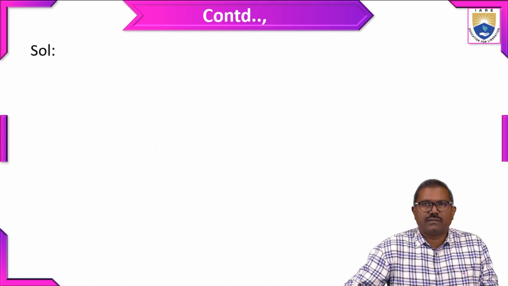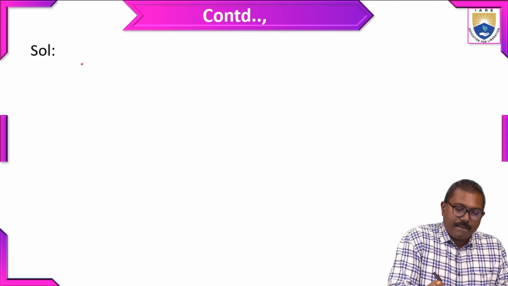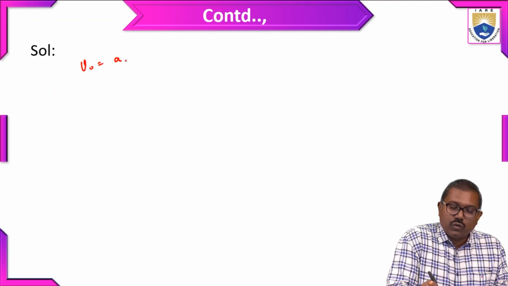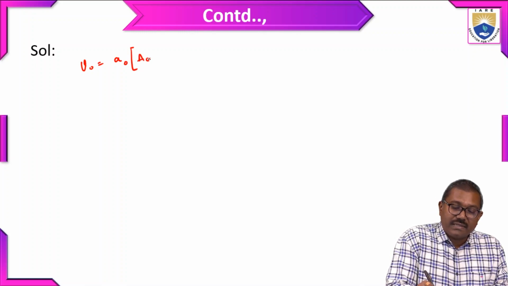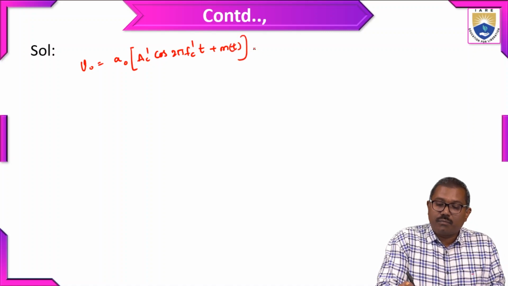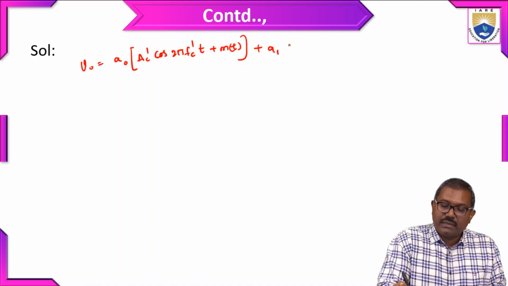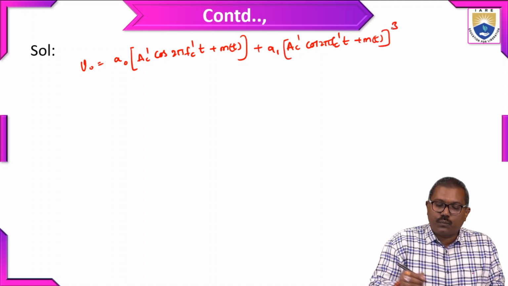Yes. So here we are going to write V naught is equal to A naught into AC dash cos 2 pi FC dash T plus M of T, plus A1 AC dash cos 2 pi FC dash T plus M of T whole cube.